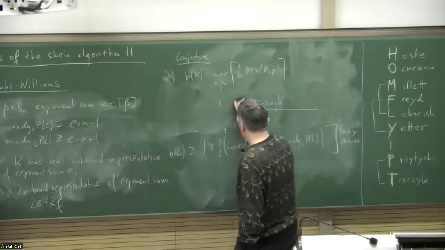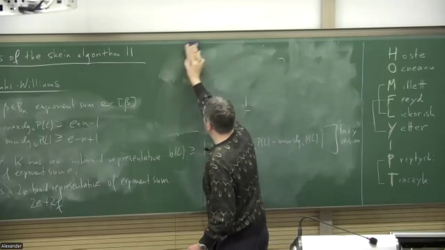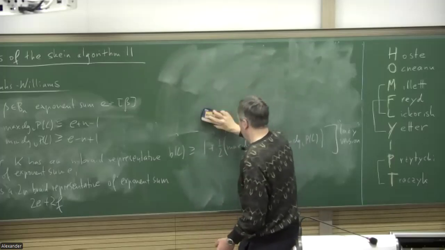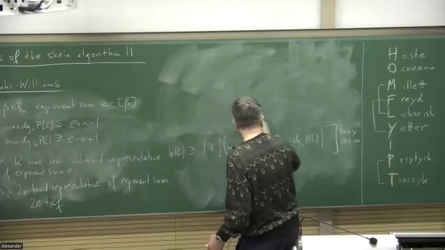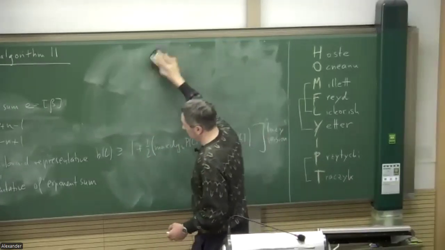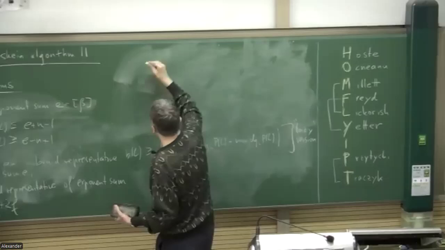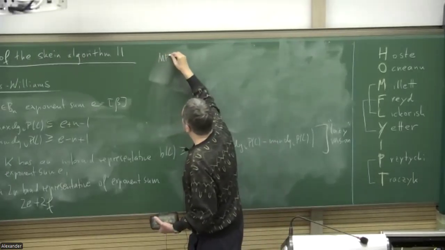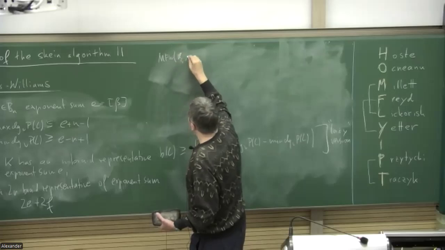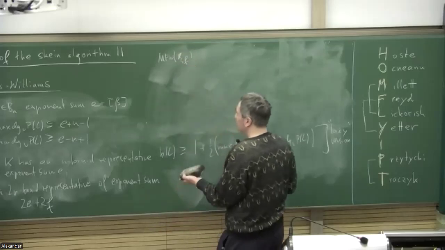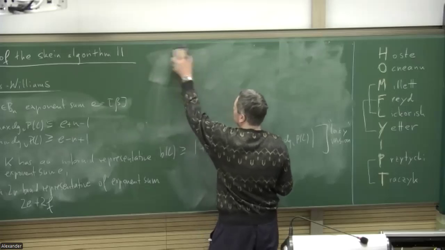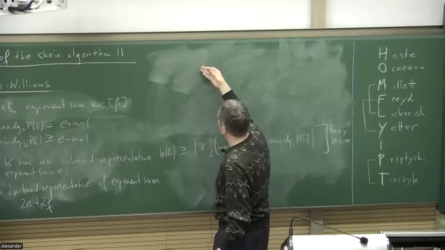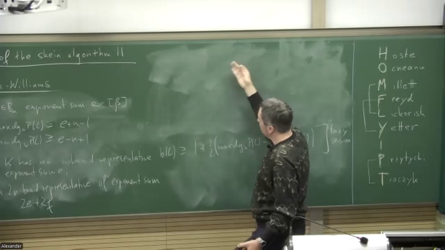So the consequence of this is that you can refine the inequality for the braid index by inequalities for the maximal and the minimal degree.